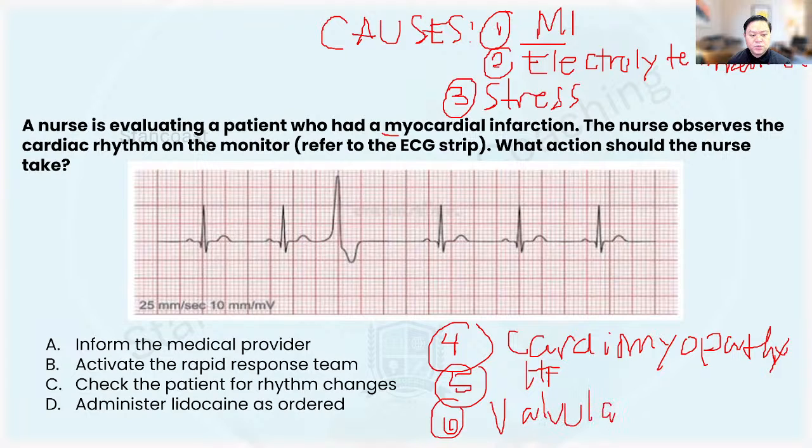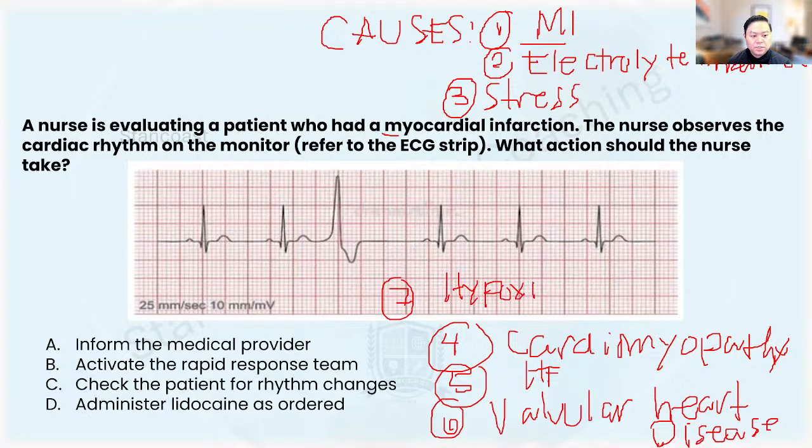So there are so many things that you can think of that will be associated with premature ventricular contractions. Or, for example, if the patient is hypoxic, low oxygen level. So let me add to that as number 7, hypoxia. Okay, so these are the known causes for premature ventricular contractions.